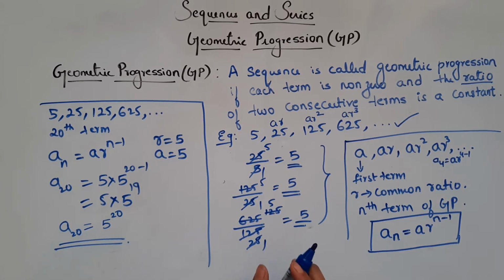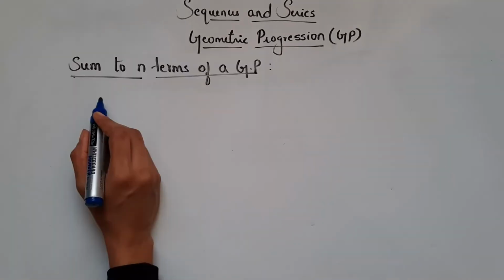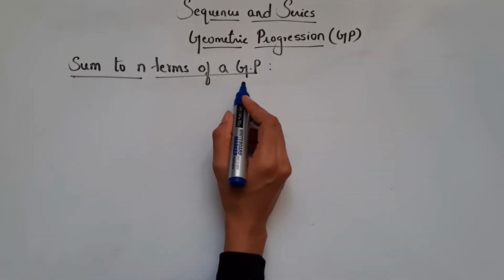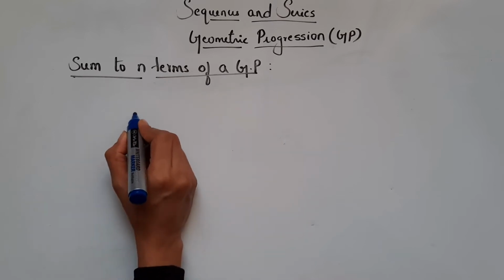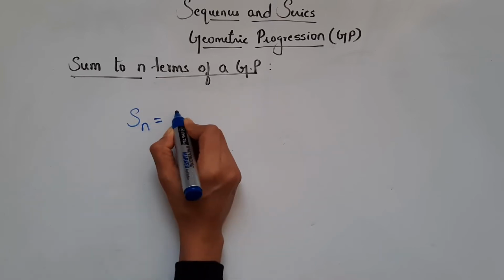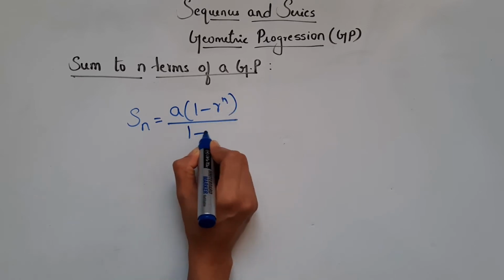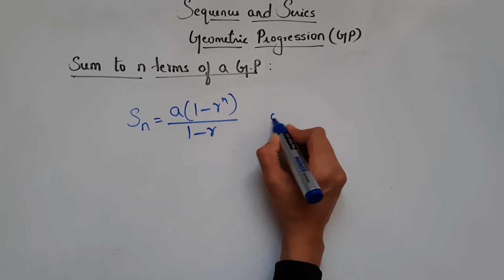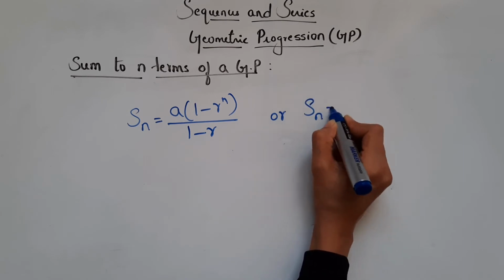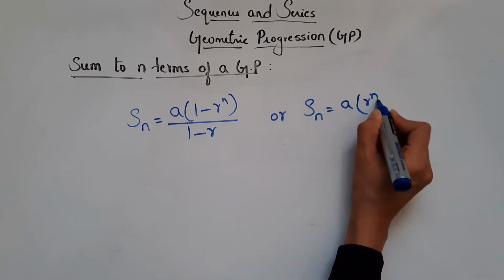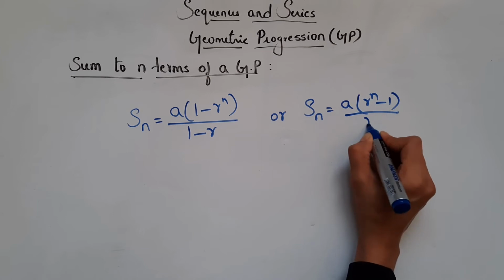Now let's move on to the sum of n terms of GP. But before that, pause the video and note this down. So now let's see how to find the sum of n terms of a GP. The sum of n terms of GP is given by Sn is equal to A into 1 minus R power n by 1 minus R, or you can also use Sn is equal to A into R power n minus 1 by R minus 1.